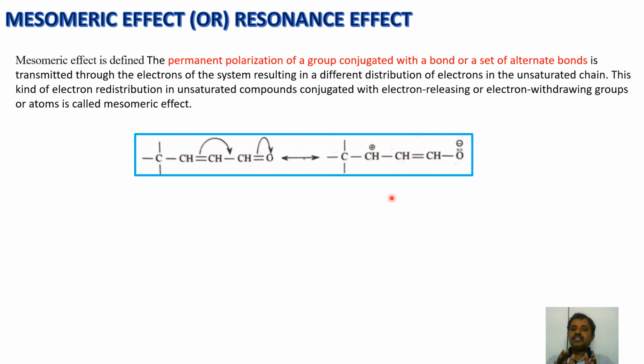There is no external agency making this molecule polarized. The molecule undergoes it by itself, so it is called permanent polarization of a molecule, with the help of a conjugated double bond system.